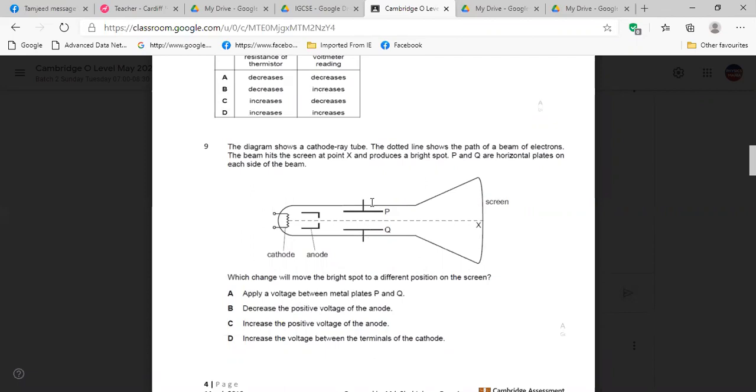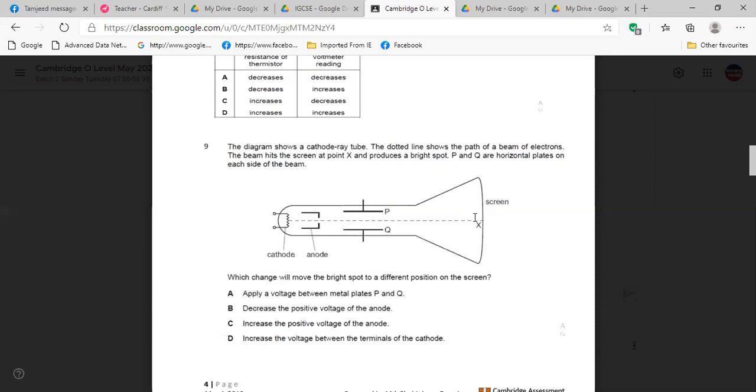You don't know which one will be positive and which one negative, that is not clear to us. But at least we understand if we apply positive and negative anywhere, then this beam of electrons will be affected, isn't it?